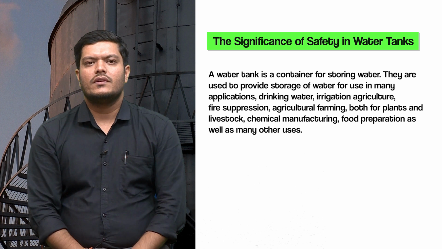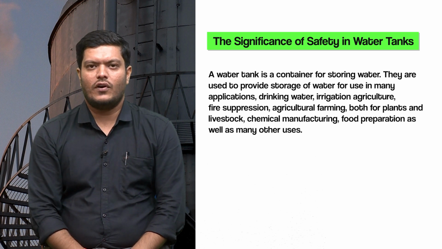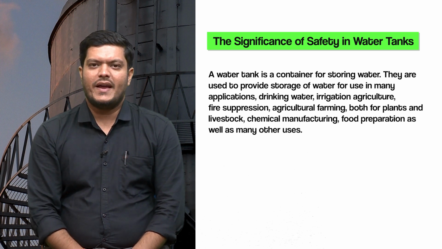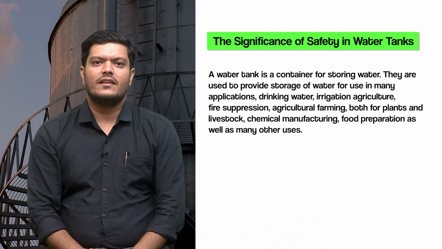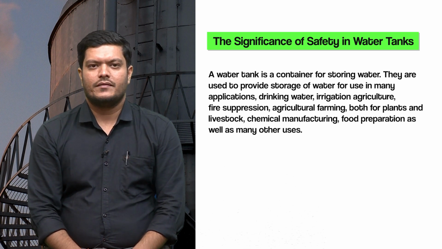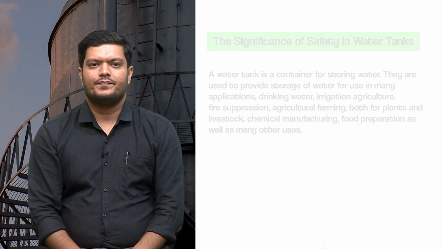They are used to provide storage of water for use in many applications such as drinking water, irrigation, fire suppression, agriculture farming, both for plants and livestock, chemical manufacturing, food preparation, as well as many other uses.